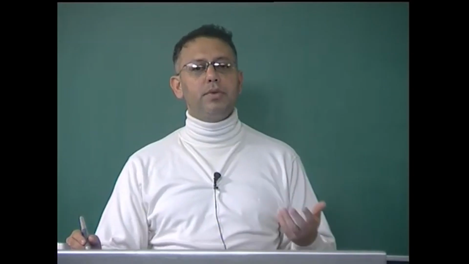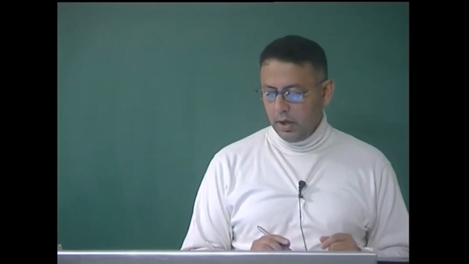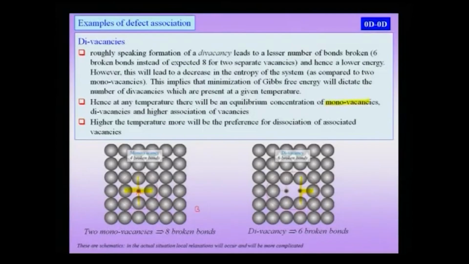Therefore, if I have any particular temperature in mind, for instance 50 degrees Celsius or 200 degrees Celsius, I know that there is going to be a certain thermodynamic number of stable vacancies. Not all of them would be completely associated, not all of them would be completely dissociated, but there will be an equilibrium number of mono-vacancies, a certain number of di-vacancies which are also present, and finally, a possibility of higher vacancies also being present.